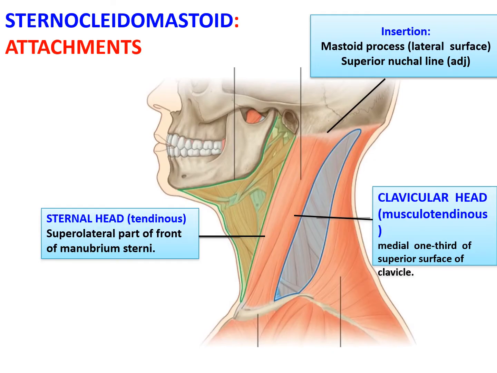Let us first talk about the two large superficial muscles of the neck, that is the sternocleidomastoid muscle and the trapezius muscle. You have already read about trapezius muscle in the upper limb along with the muscles of the back. We will discuss in detail the sternocleidomastoid muscle. So, coming to the origin of the sternocleidomastoid muscle, the muscle has two heads of origin.